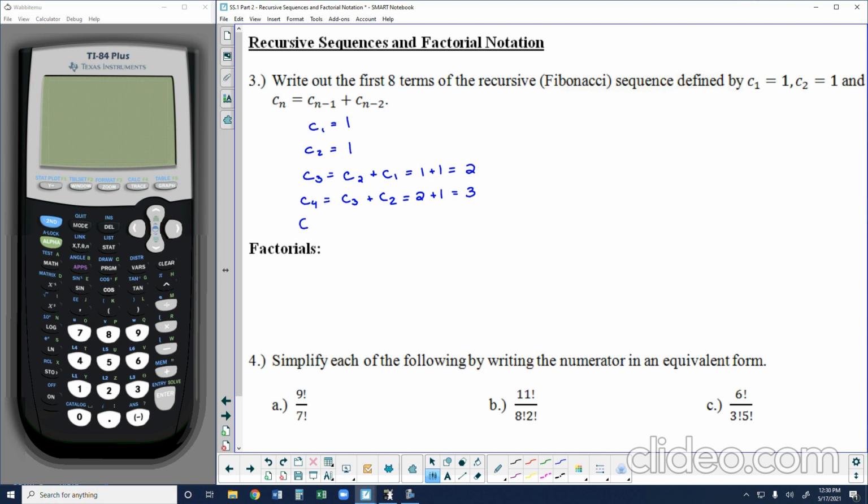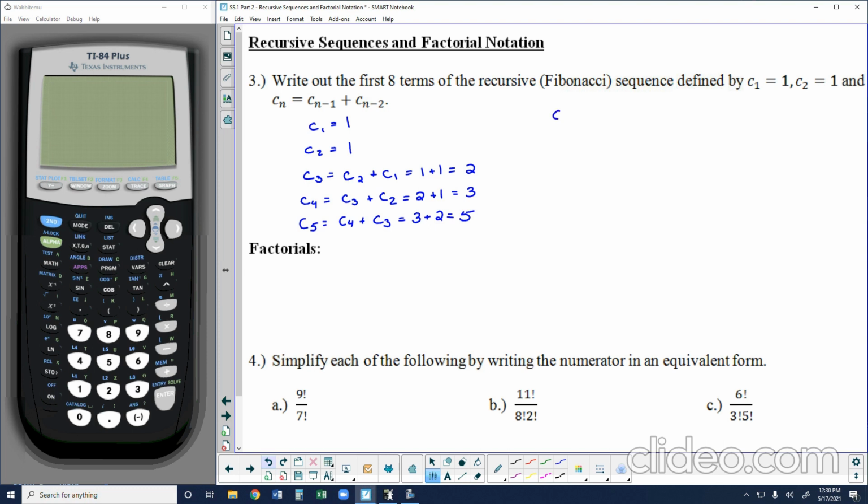We need to find 8 terms here, so the fifth term would be C sub 5 minus 1, or the fourth term, plus C sub 5 minus 2, the third term. The fourth term is 3. The third term is 2. So 3 plus 2 is 5.